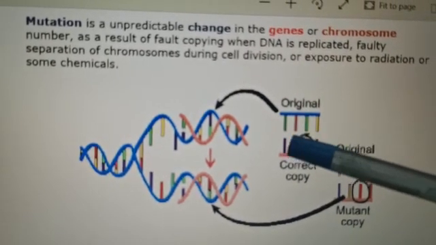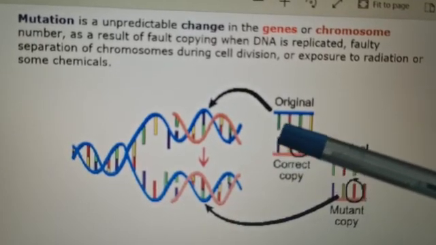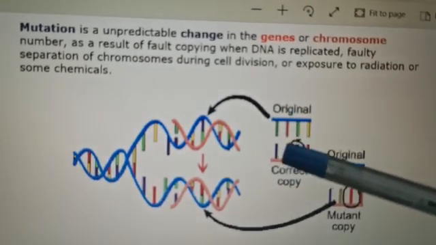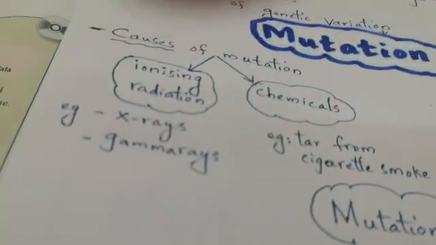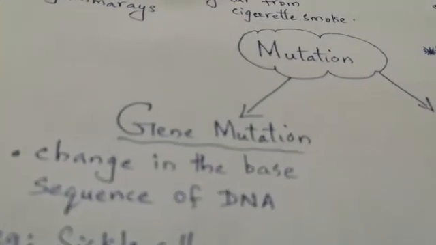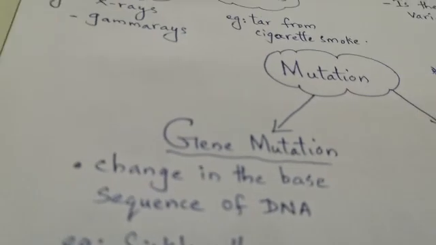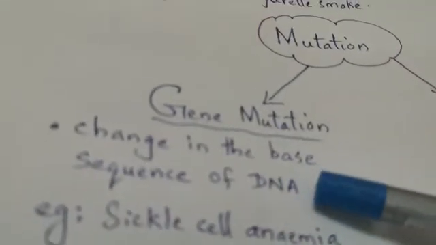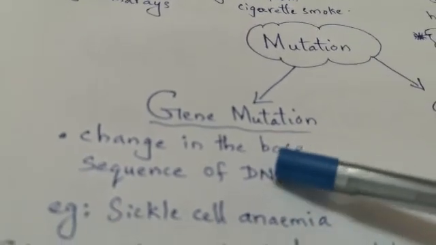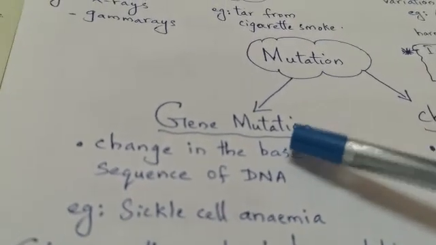So one of the bases is changing in the DNA structure. That's called gene mutation. So a change in the base sequence of DNA can cause gene mutation.